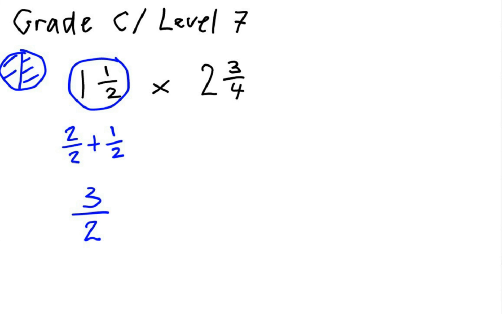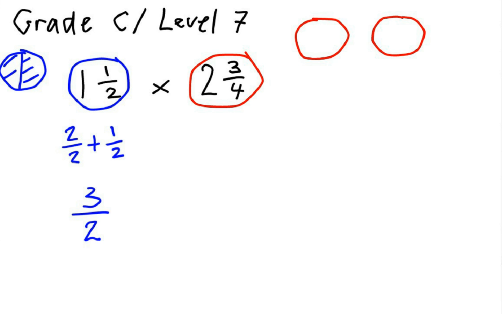Let's use a different colour now to do this fraction here. So we have 2 wholes. In 2 wholes, we're going to split each of these up into quarters. So we have 1, 2, 3, 4 quarters on this one, and 1, 2, 3, 4 quarters on this one.